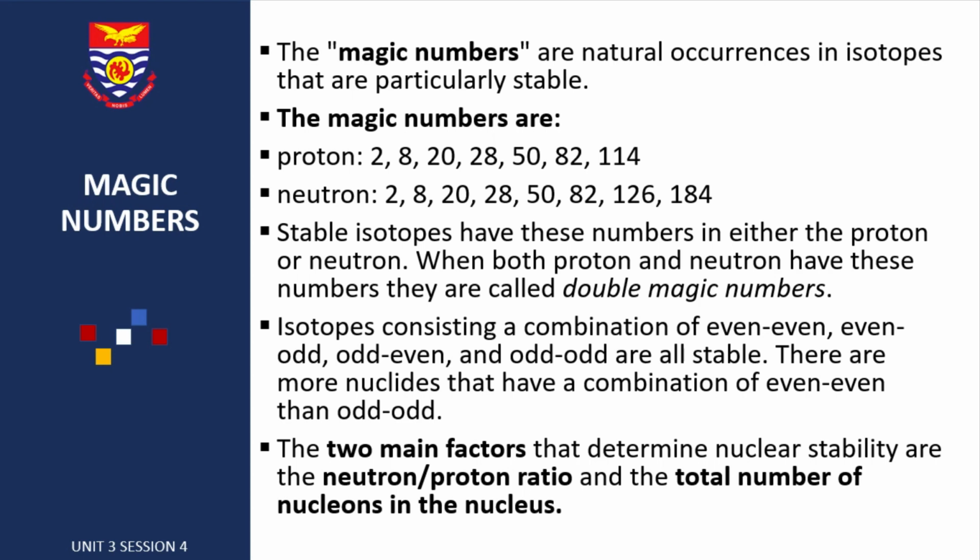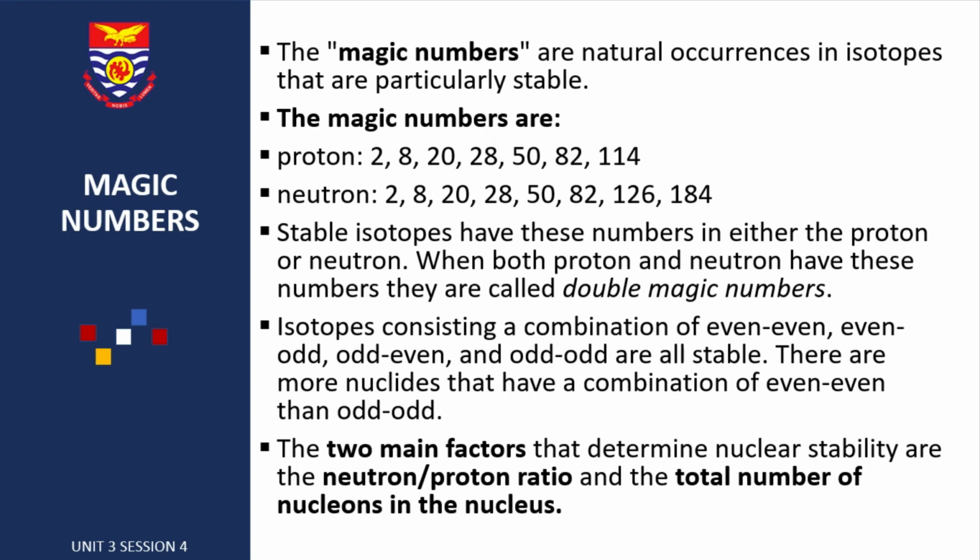It is also very good for us to know that isotopes consisting of combinations of even to even, even to odd, odd to even, and odd to odd are all stable. We are referring to proton to neutron number. There are also more nuclides that have a combination of even to even than odd to odd, and we can see that in our previous slide.